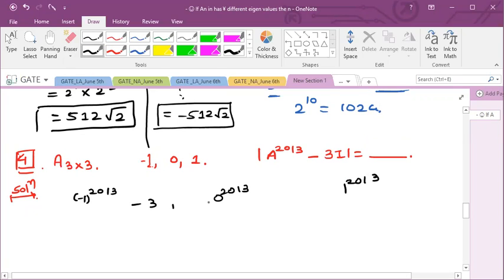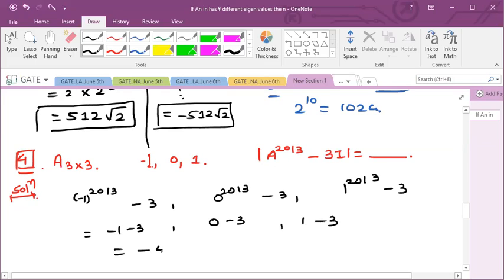So minus 1 to the odd power is minus 1, 0 to the power anything is 0, 1 to the power anything is 1. Minus 1 minus 3 is minus 4, minus 3 and minus 2. Okay, easy. Just from properties we can solve each one of them, isn't it?